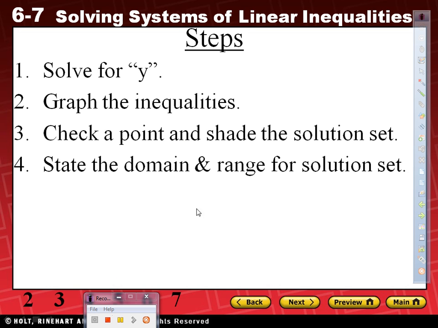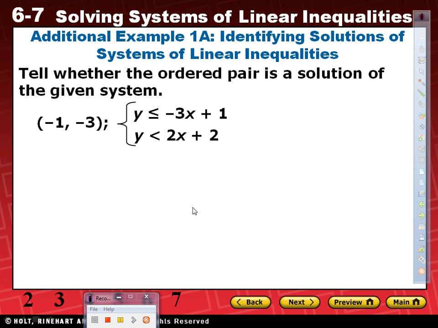In order to get to this part, I need you guys to write this example down. Example number 1. Copy that, please. Tell whether the ordered pair is a solution to the given system.